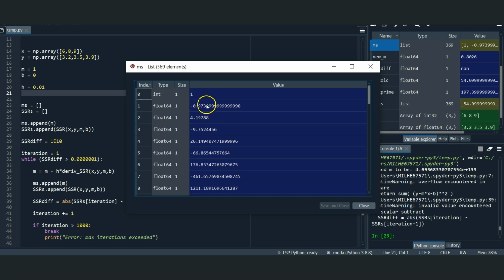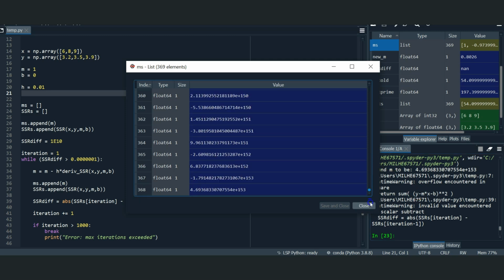Then we used that slope, calculated our SSR, figured out what our change is, and then it jumped to 4, and then -9, and then +26, and then -66, and then 176. So essentially what it's doing is, you follow my cursor, the slopes are wildly jumping back and forth until we get to such a large magnitude that eventually the computer says, I'm done, I'm overloaded, and I'm getting an overflow.